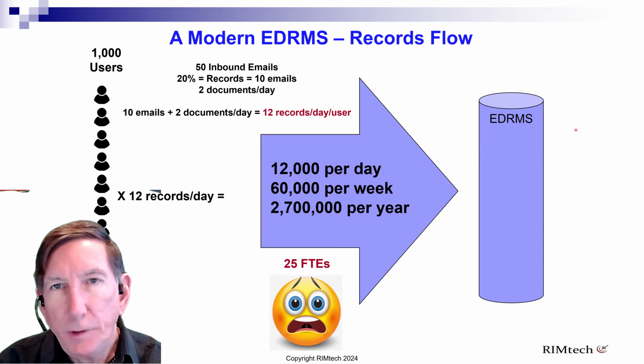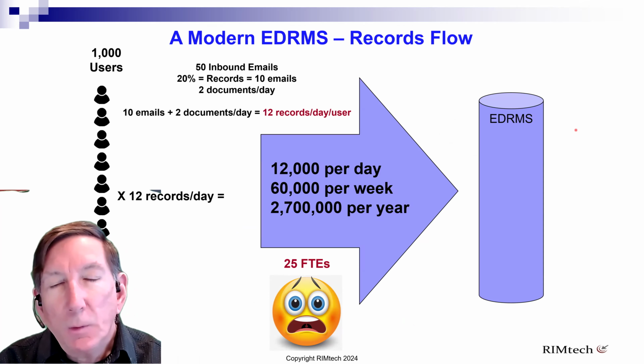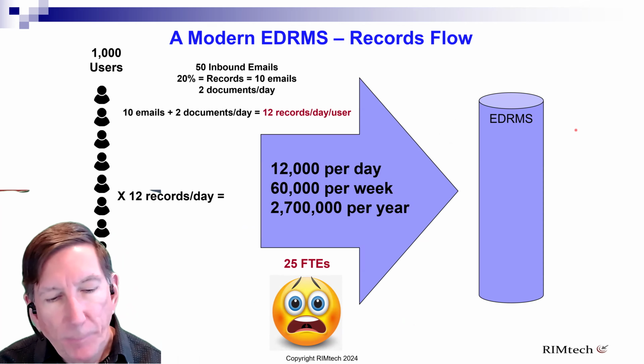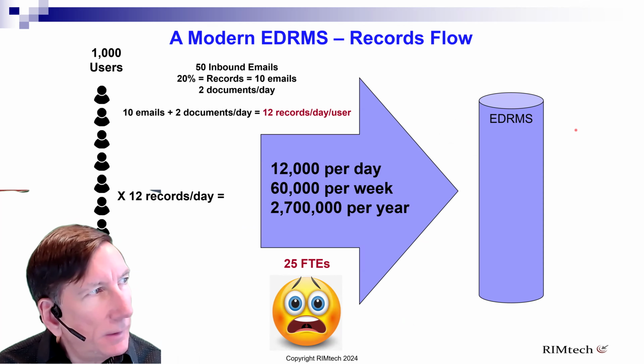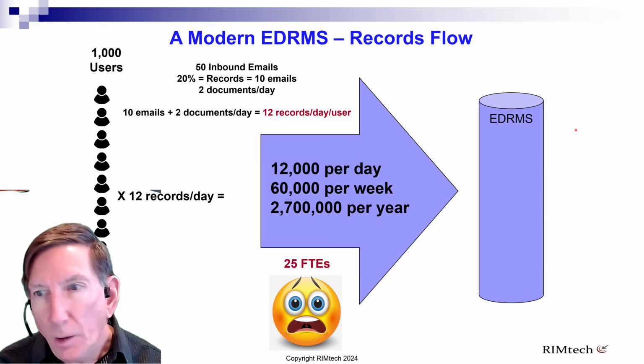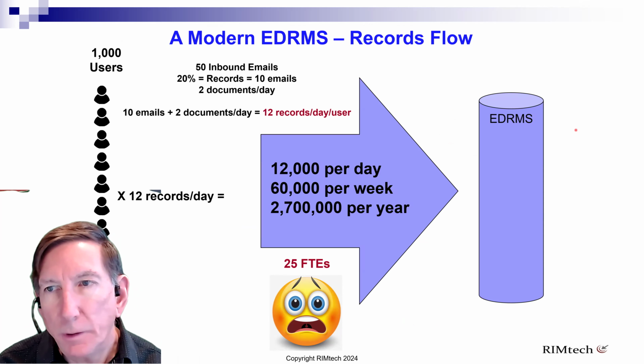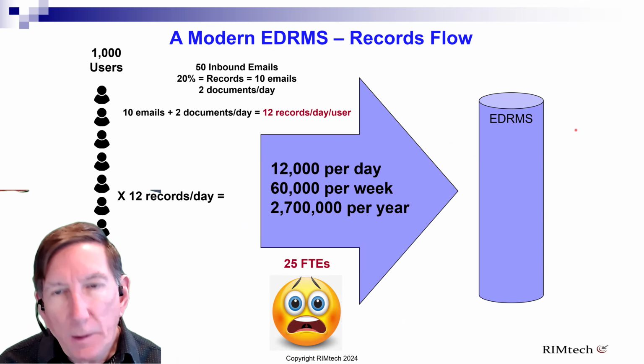So here's a reality check. If we were to have 1,000 users in an EDRMS, we would end up with a flow rate of 12 records per person per day. Now, that means that there's no static fixed number of records. It's a flow, like waves in the ocean. It's a wave of records coming at us every single day. And that number is 12.